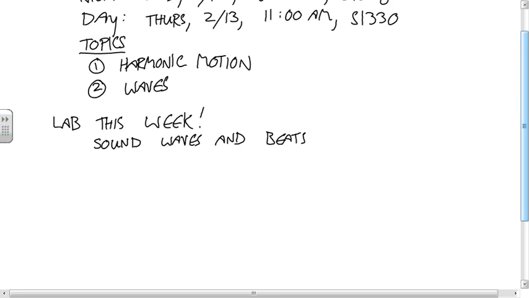what's that called? Thermal expansion. And so I talked about thermal expansion with solids, and then I talked about thermal expansion with liquids. What was the difference between those two? Smell? No. Yeah, right.